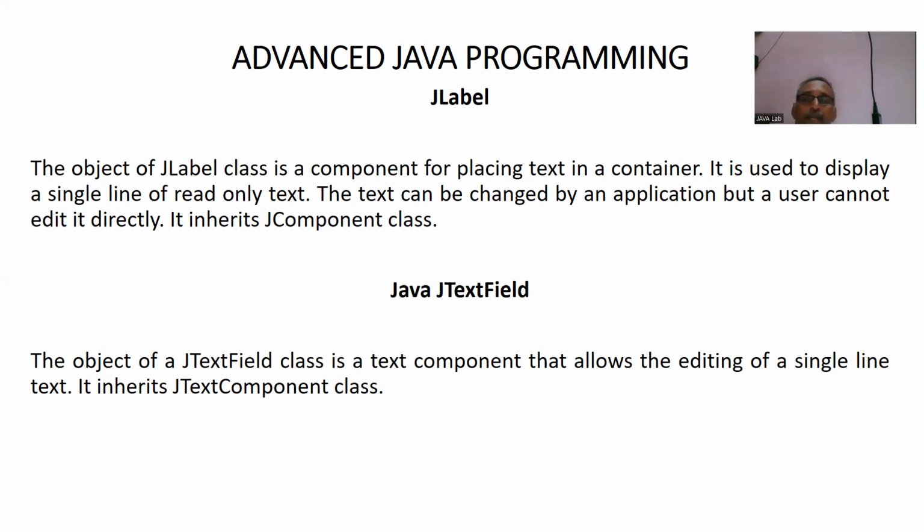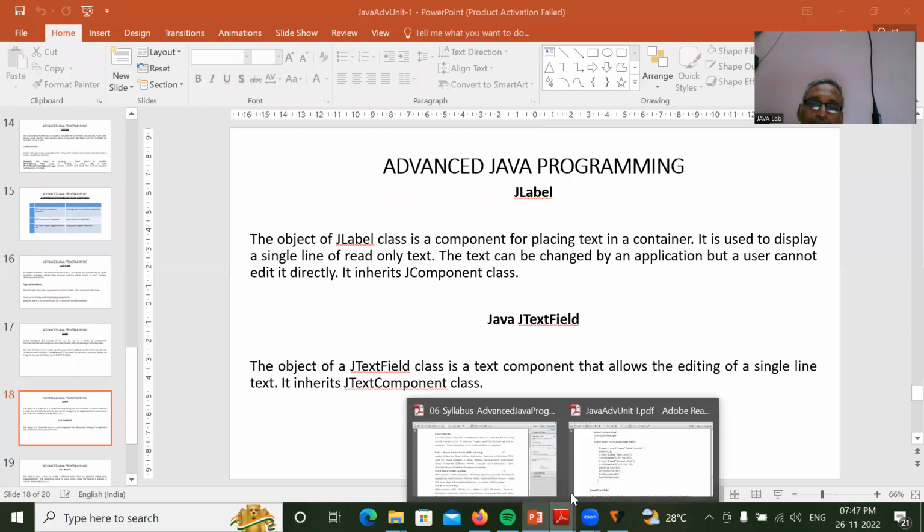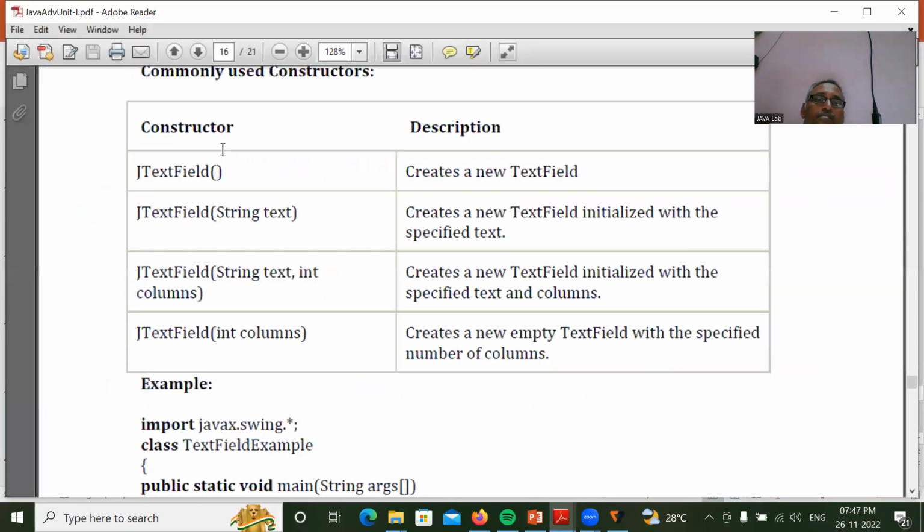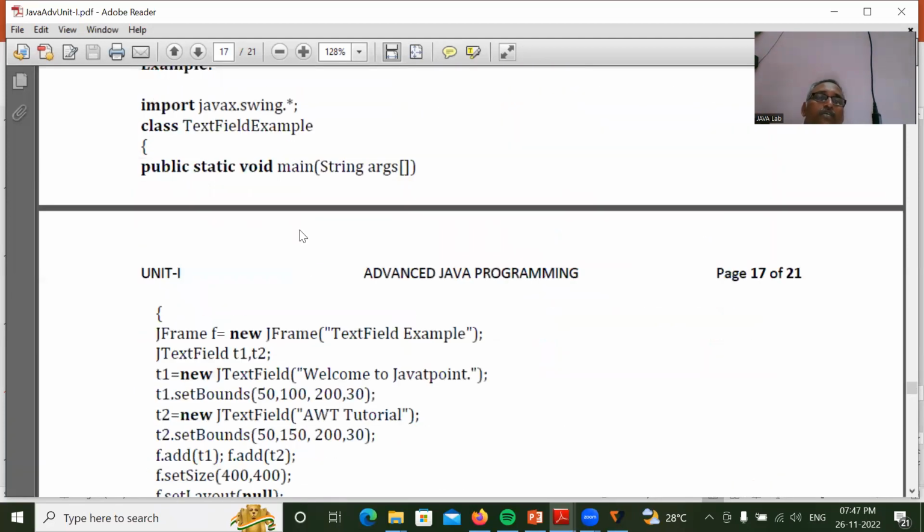Now this is an example of JTextField. These are the constructor descriptions: JTextField with empty arguments, JTextField(String) with one argument, and JTextField(String, columns) with another argument. Now import javax.swing.